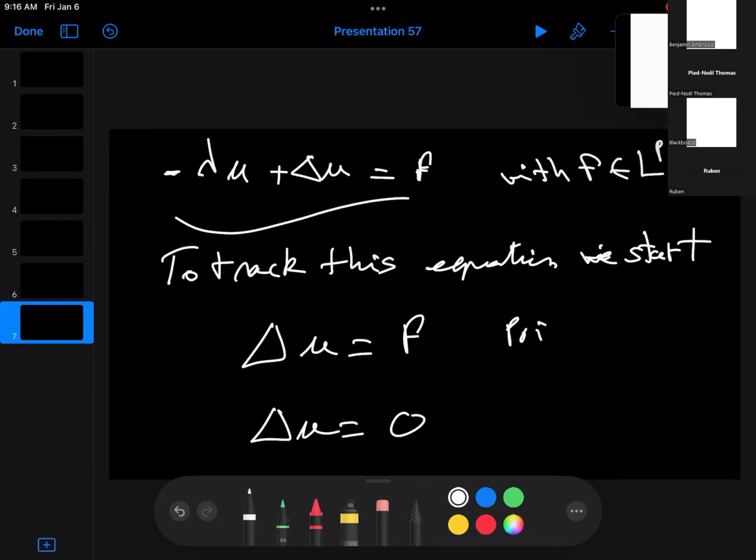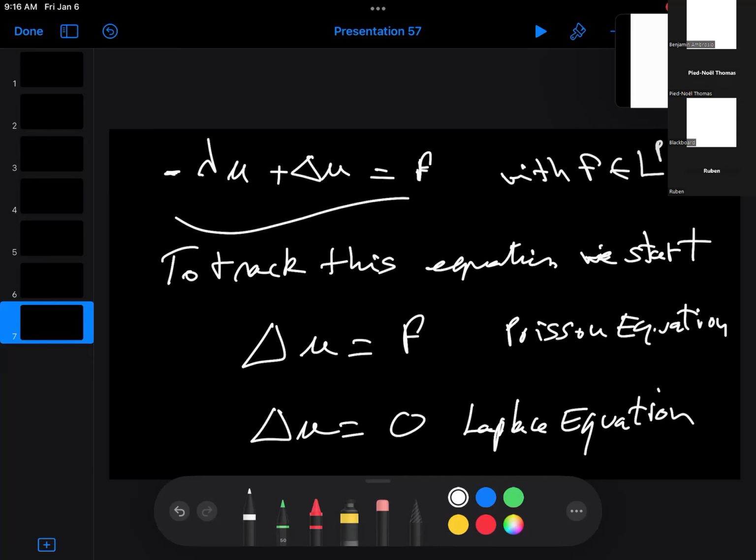This is the Poisson equation, and this is the Laplace equation. Those are French guys.